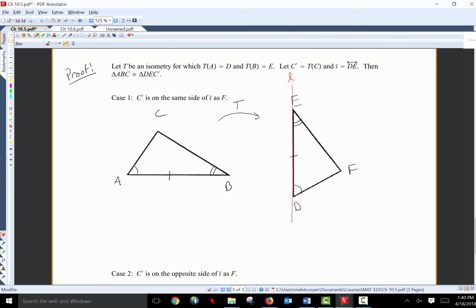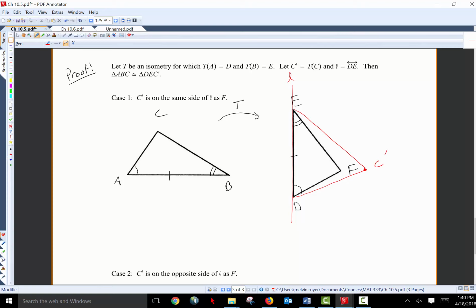Case one, it goes to the right of L. So maybe C prime is out here somewhere. And then let's join E and C prime and D and C prime. What I'll try to show here is, in fact, this situation can't really happen. Or what I mean is that, in fact, the red triangle actually has to be the black one.